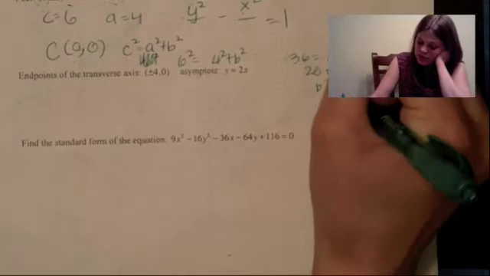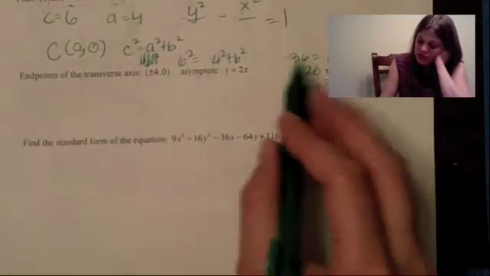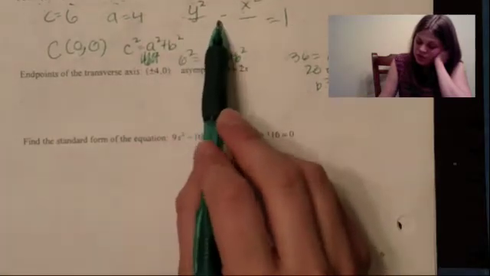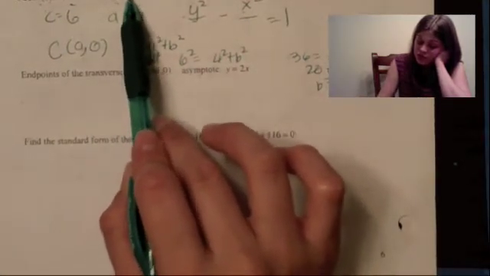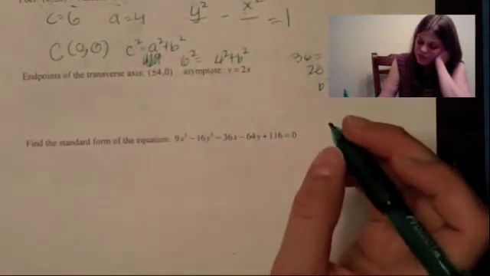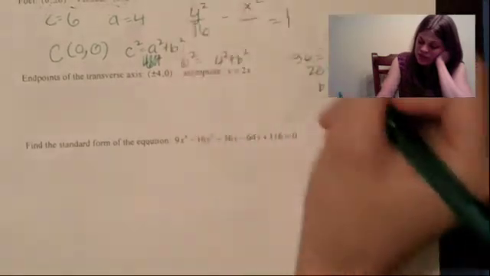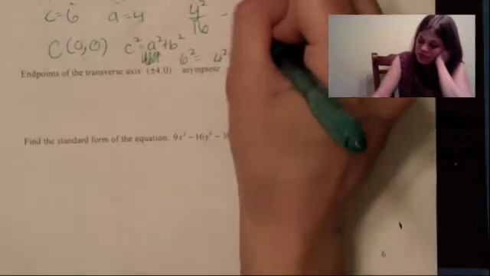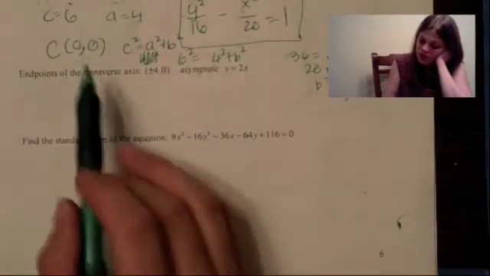So b is 2 root 5. Underneath your y value, that is up and down by 4, so your a squared is 16, and your b squared is 20. And there's your equation.